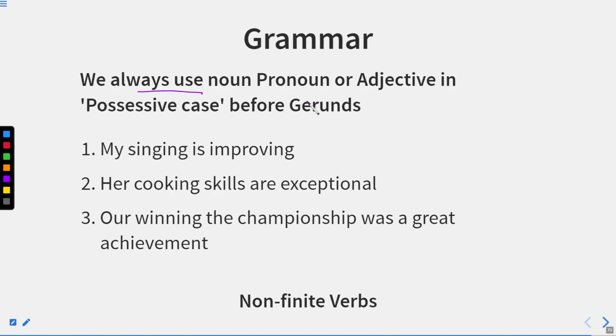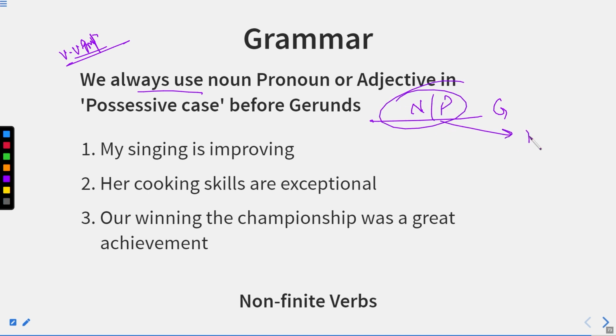Now this case is very important. Whenever we have a gerund and before that we have either a noun or pronoun, this noun or pronoun should always be in the possessive case. We should keep this in mind. For example, my singing is improving.